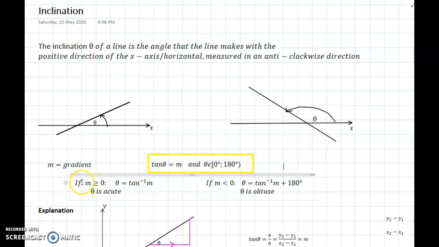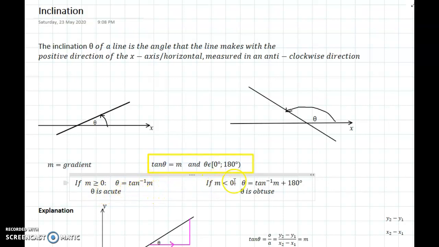If m, which is the gradient, is positive or equal to 0, then theta would be obtained by saying arctan of the gradient. Remember, that is my formula I will use, and I'm going to explain where tan theta equal to m comes from. And so to find the angle, we always use the second function, tan, which yields this arctan of m, and you'll get an acute angle.